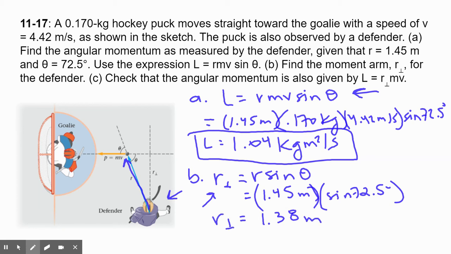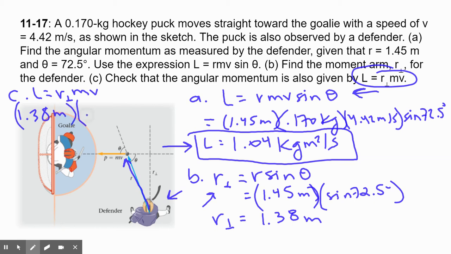Now, part C, final part, we want to check that the angular momentum, L, can also be given by this equation. So, to find that out, let's plug in our values. I'm going to do that right up here. I think y'all should be able to see it. So we just found moment arm, which would be 1.38 meters.